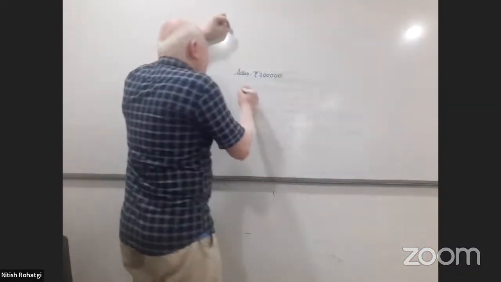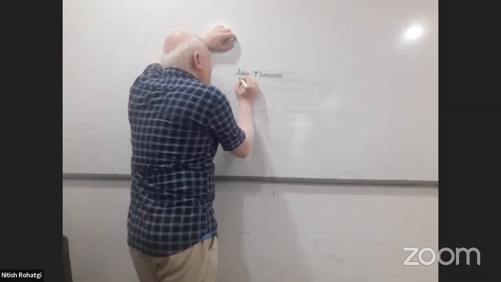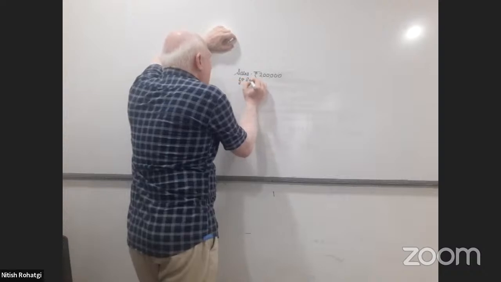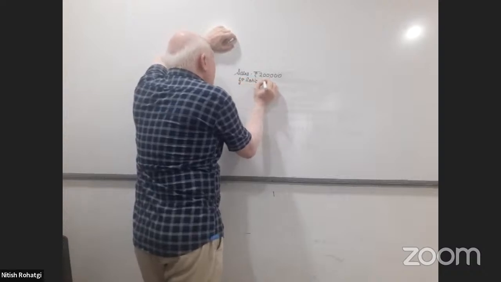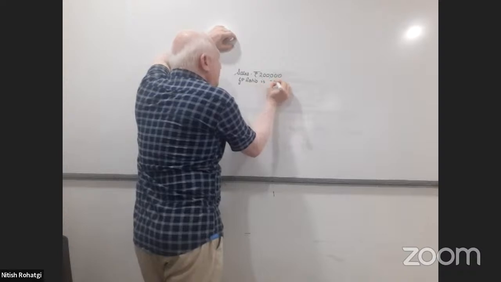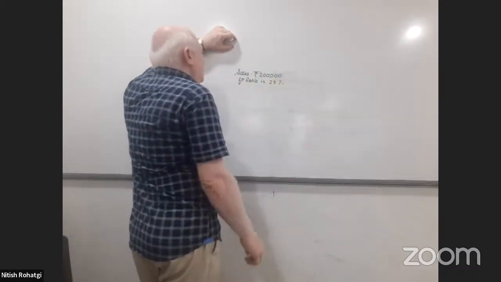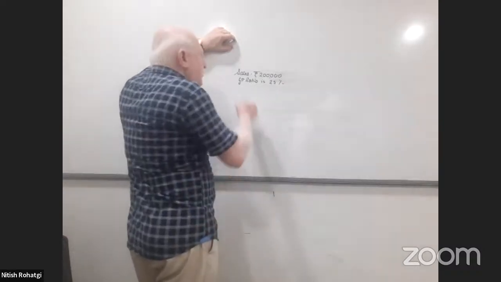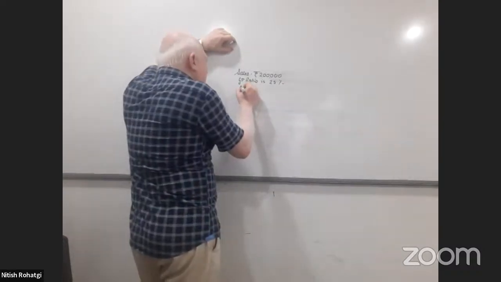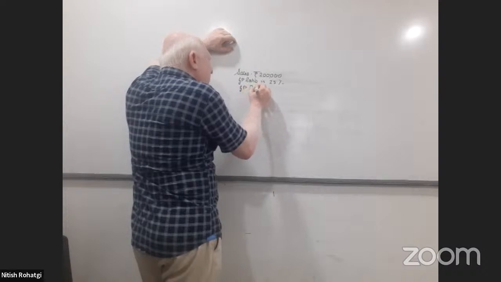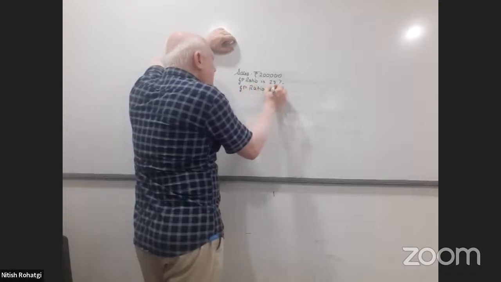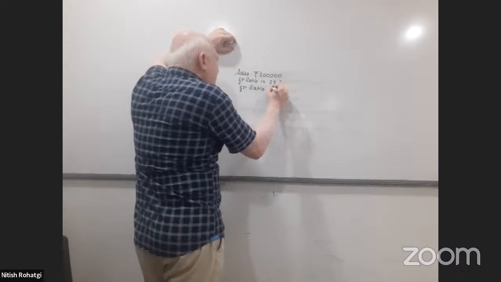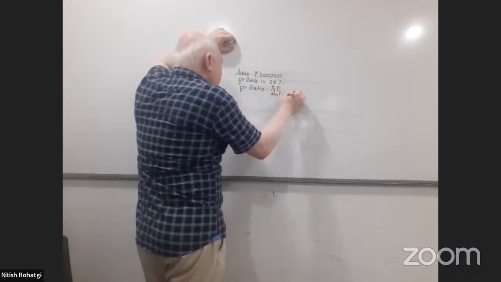And gross profit ratio, GP ratio, is 25%. Gross profit ratio is always calculated on sales. So GP ratio is equal to GP by net sales into 100.